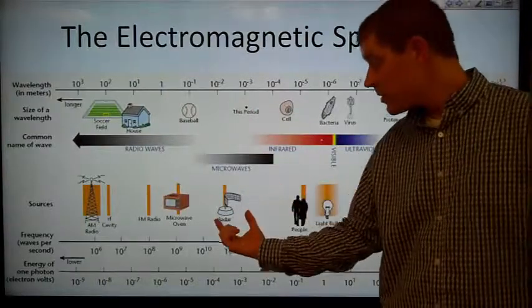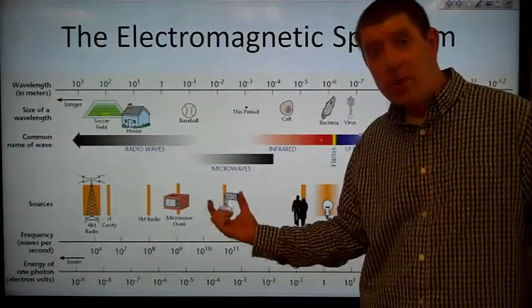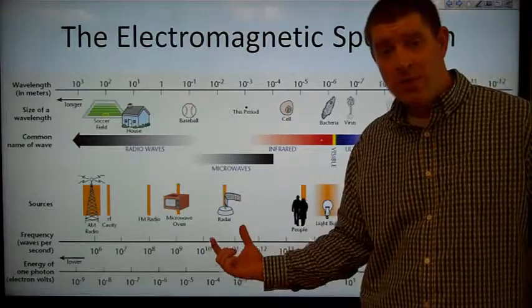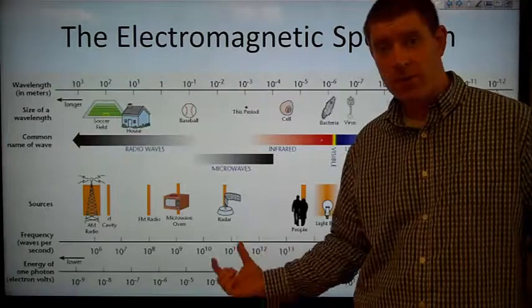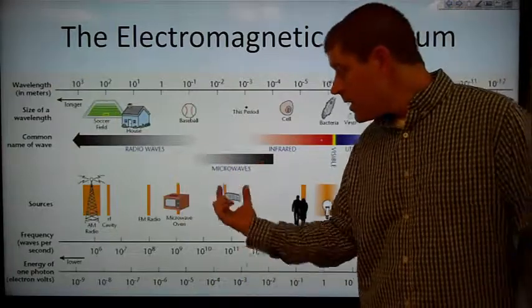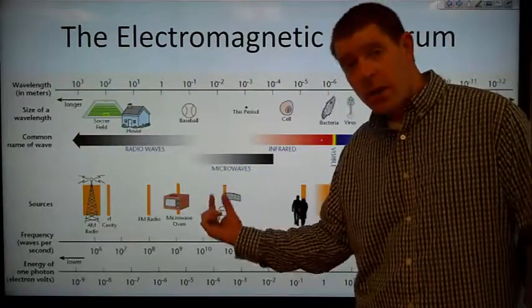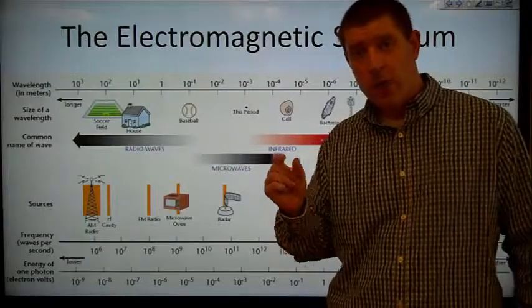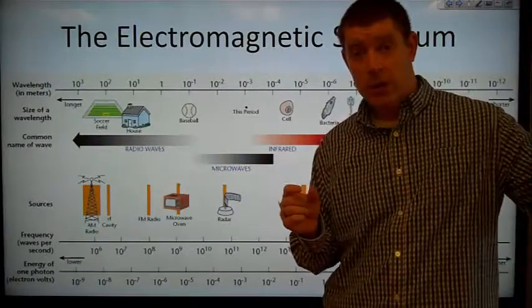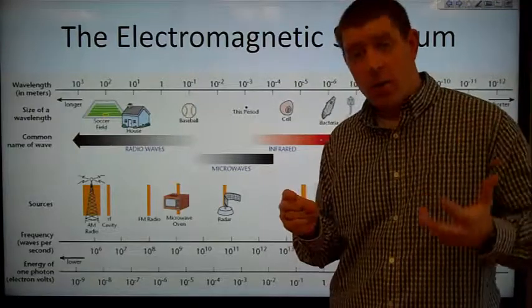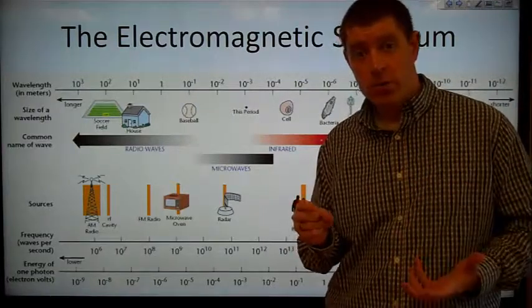The radio waves get absorbed by the atmosphere really, really well. And the reason for that is also the same reason why we use microwaves to heat up our food. So, in this region, there's a range where water molecules absorb the energy. Now, there's lots of water molecules in the air, and there are lots of water molecules in most of our foods.